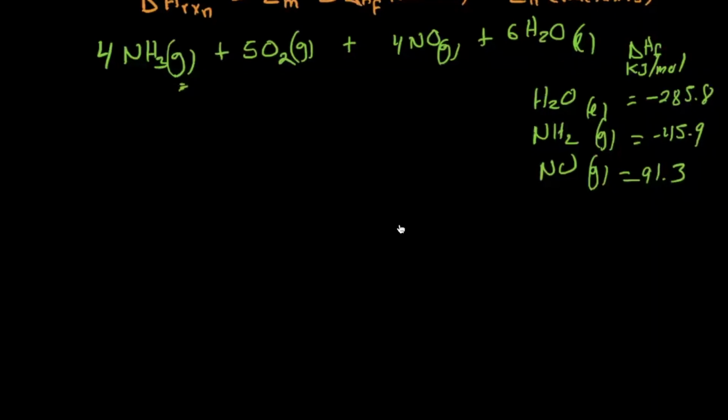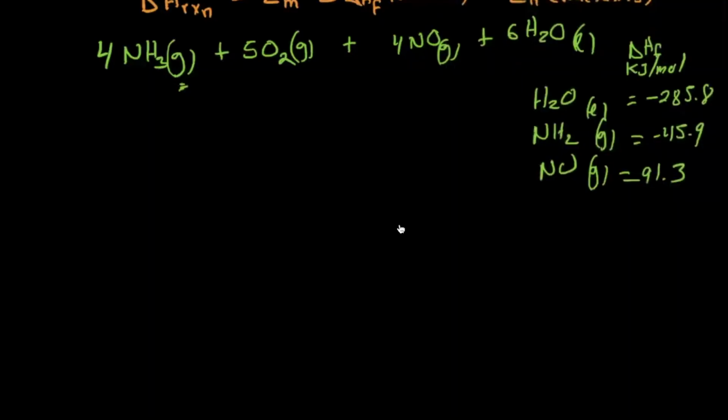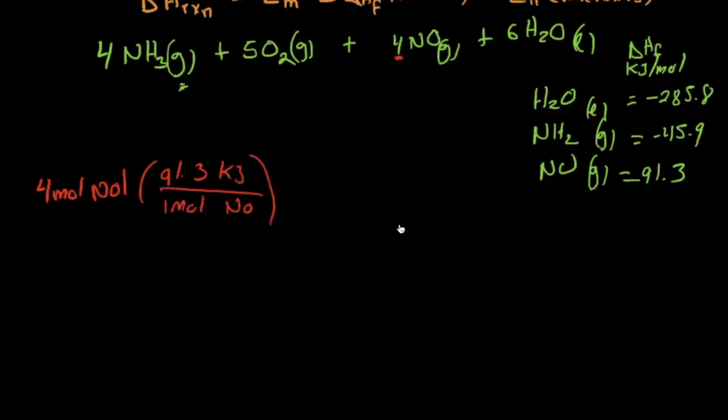The way we're going to do this is we are going to do the products first. Notice that in the products, you have a 4, so you're going to do 4 moles of NO times the heat of formation of NO, which is going to be 91.3 kilojoules per 1 mole of NO. Remember, it's the sum. Plus, which other product do I have?